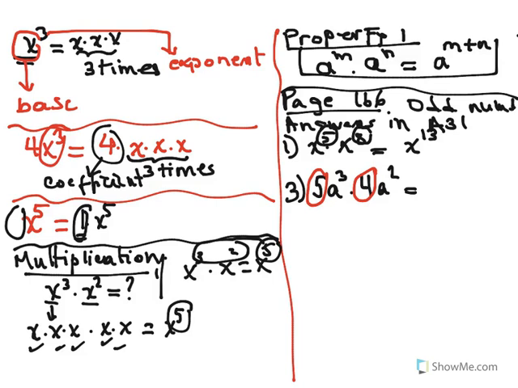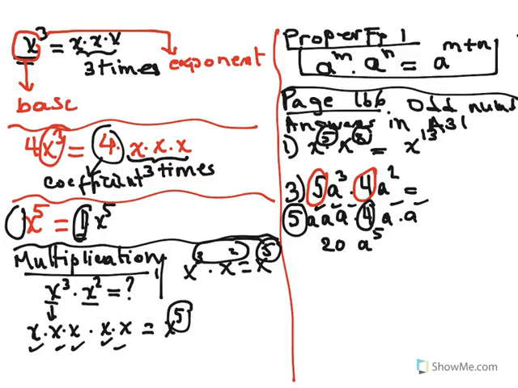What I have here, and I'm going to show you just this time so you can see it, is 5, and then a repeated 3 times, and then the 4, and then the a repeated twice. So basically, I can multiply the 5 times the 4, that's a 20, and then I have the a repeated 5 times.